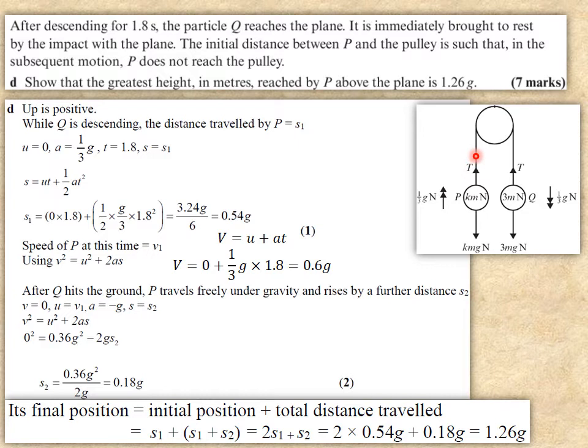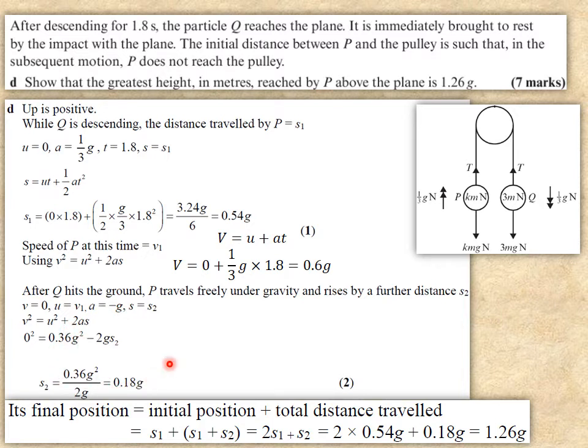Now from here P is going a little more up, so that V, which is 0.6 G, for this motion will now become U, so that U is V1, which is 0.6 G, and finally when it reaches maximum height, the velocity will become 0. It is now going under gravity, so acceleration is negative 9.8, and we'll find S. We substitute in this formula, you get S is 0.18 G.